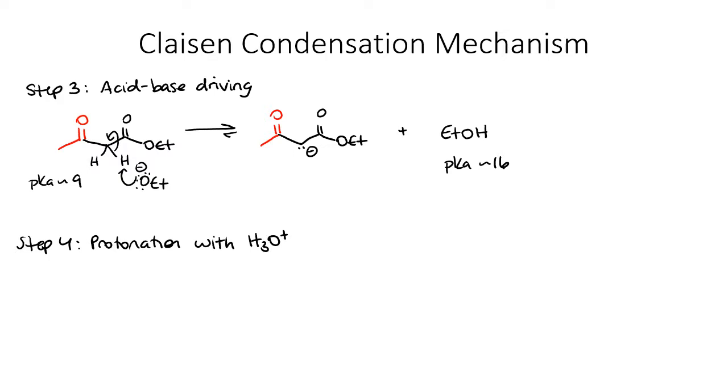So we'll take our enolate, which is resonance stabilized. However, in the presence of a strong acid, such as H3O+, the enolate will easily grab one of the hydrogens and it will restore the alpha hydrogen.